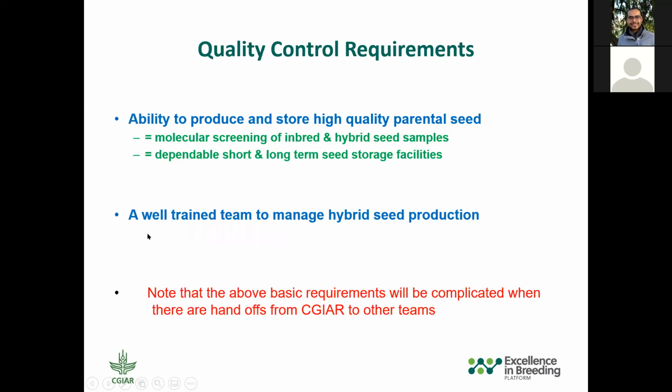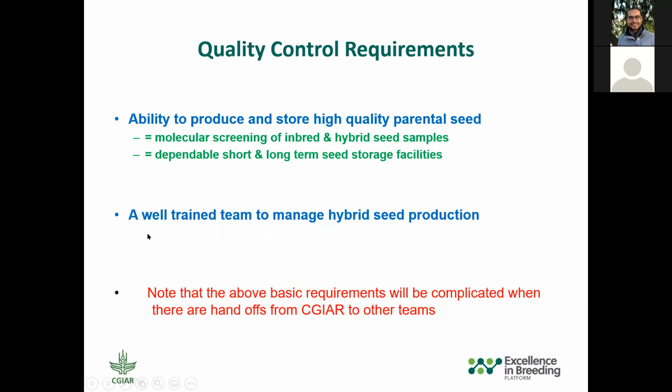Next, I go a little bit into quality control, and you really need the ability to produce and store high quality parental seed. Now, that's basically done with molecular screening of inbreds and hybrids, I would assume, most times. And even when you have limited resources there, if you have 10 good markers, you can do a reasonable quality control screen.